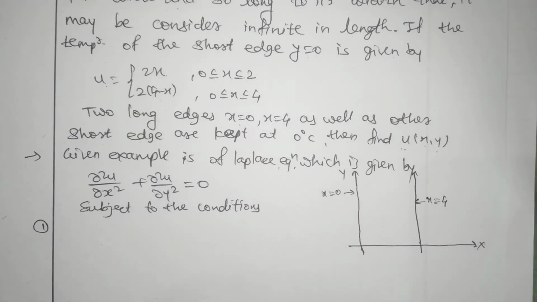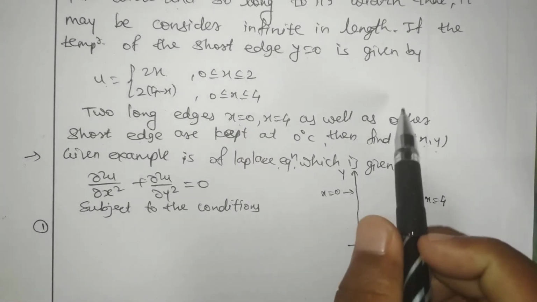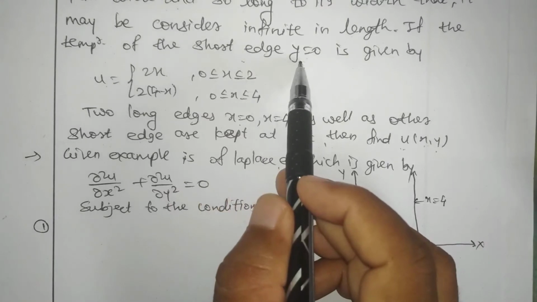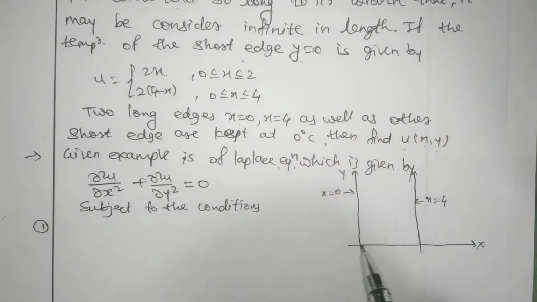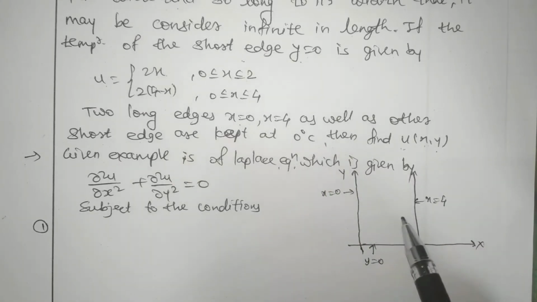Then we are given a short edge. What is the equation of the short edge? y = 0, that means the x-axis. Since it is a rectangular plate, to complete this plate we join somewhere to complete the rectangle.